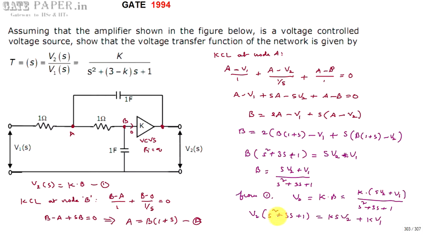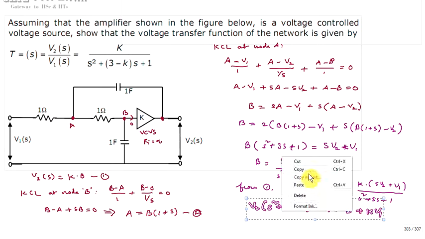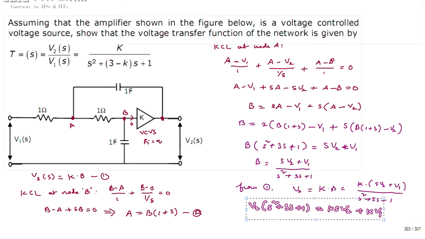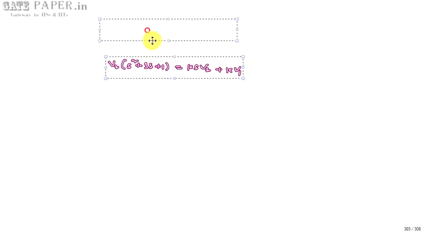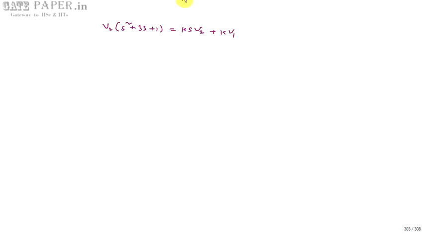Taking KS V2 to this side, V2 into (S square plus 3S minus KS plus 1) is equal to K times V1.